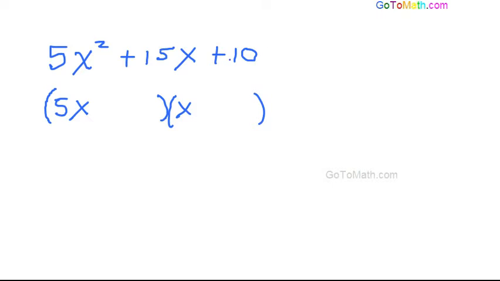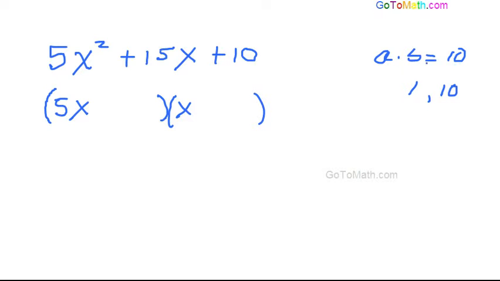Now we're still looking for two numbers that, when we multiply them together, we get 10. The good thing about 10 is the factorizations. We can use 1 and 10, because 1 times 10 is 10.